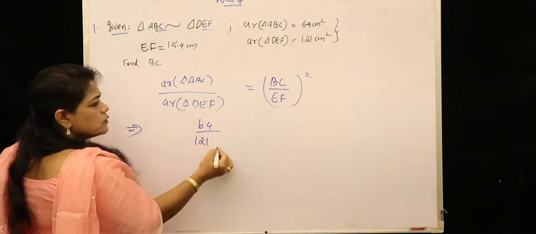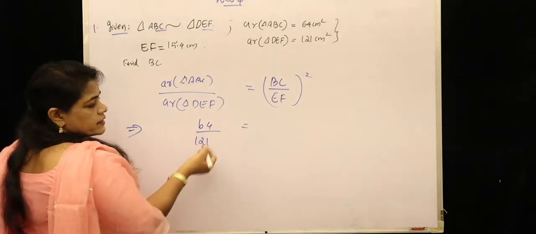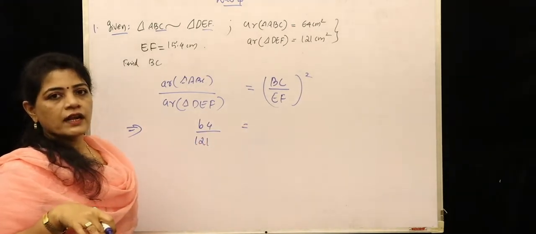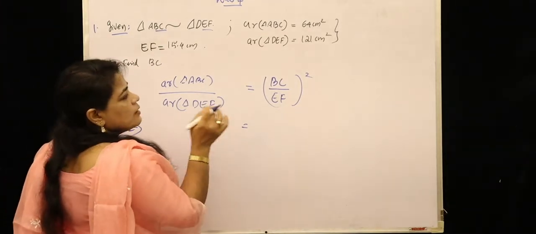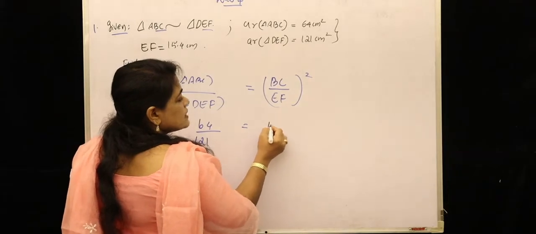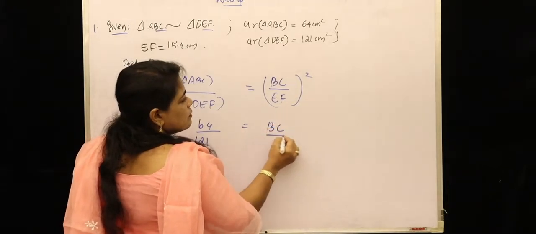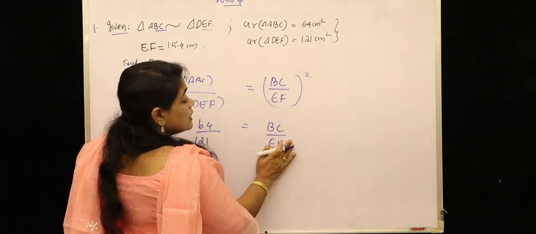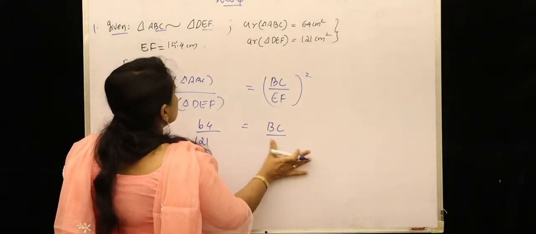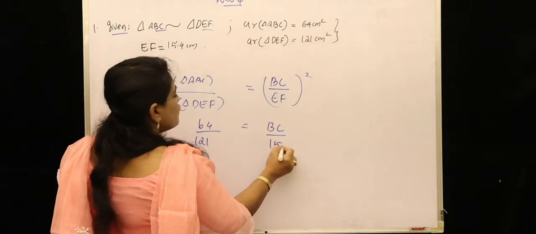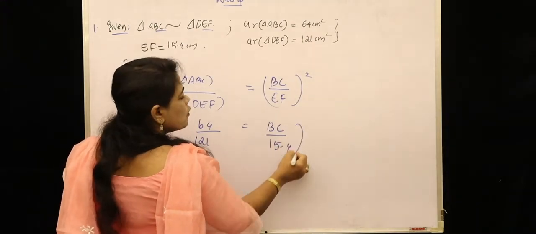When you are substituting the values, no need to write their units. After getting the final answer, you can write the respective unit. This can be equated to BC divided by EF whole square. EF is given as 15.4, whole square.